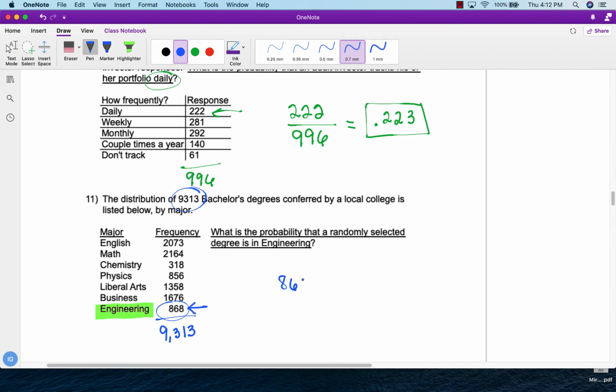It's 868 out of the total number of degrees. We divide this and we round to the first 3 decimals. So it looks like it's 0.093. Alright, so we will finish the rest of the section live in class. So for now, thank you for watching this video.